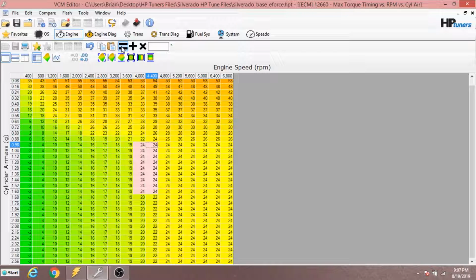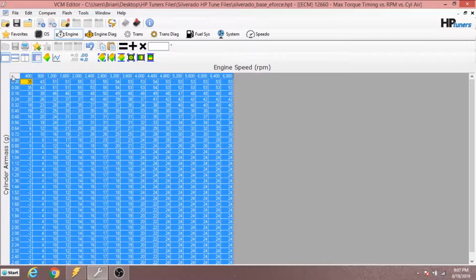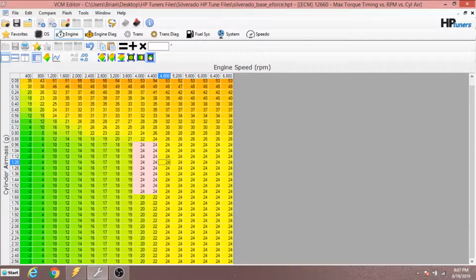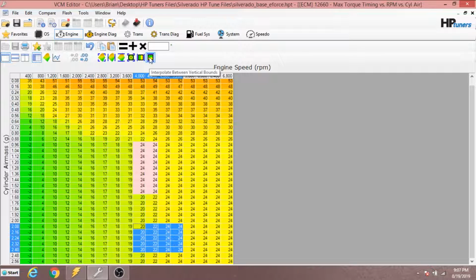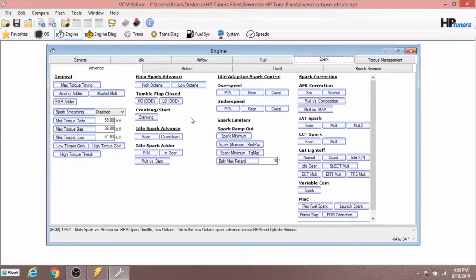Now, I'll tell you very bluntly, I typically on a street car don't run any more than about 15 pounds of boost. For me anyway, anything beyond that becomes unusable. Traction sucks. You can use a traction control type device, like I use FAST for everything that I tune outside of a factory ECU. Anything more than 15 pounds of boost, you really don't.